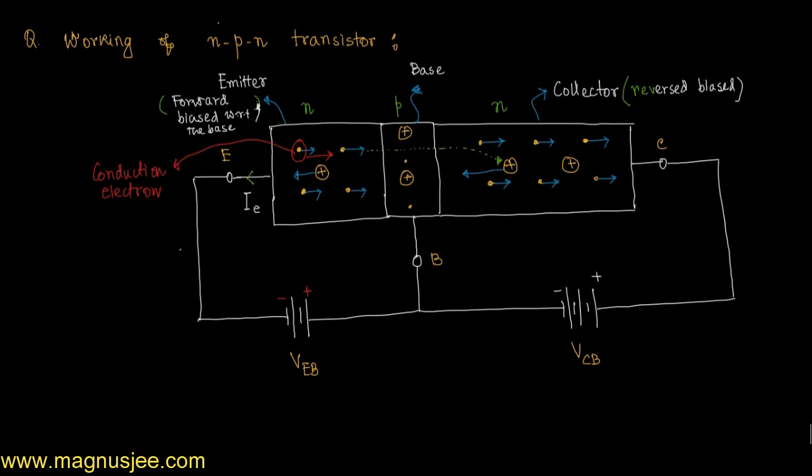Here holes will be moving towards the base, and when conduction electrons, the majority charge carriers migrating from the N-type emitter, recombine with the holes, the minority charge carriers of the N-type collector, it will produce the collector current IC.